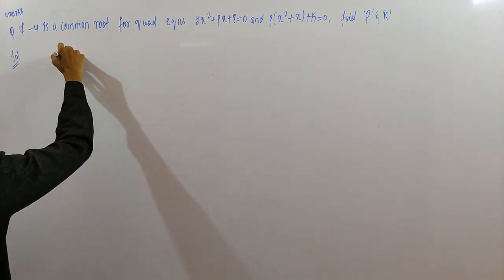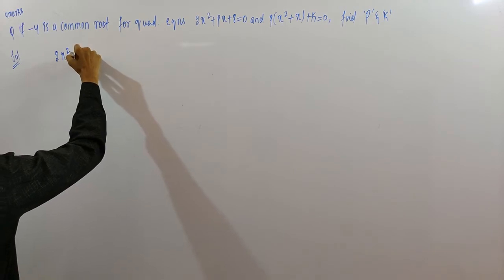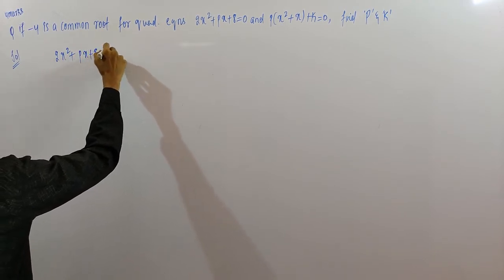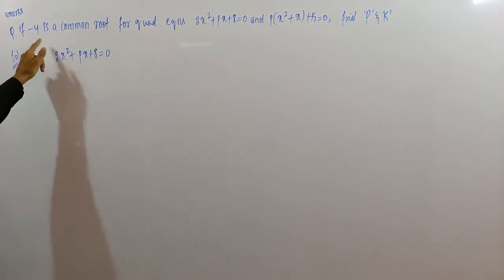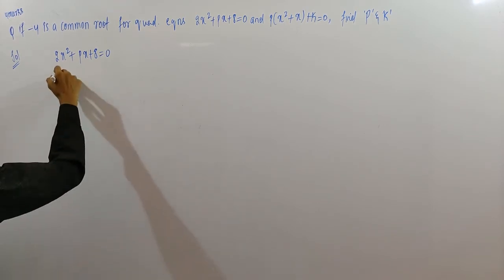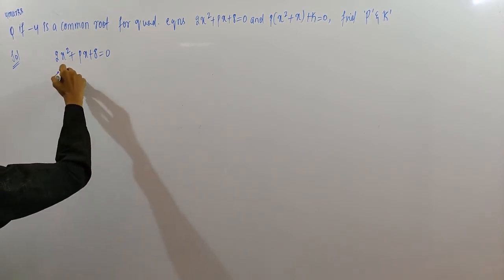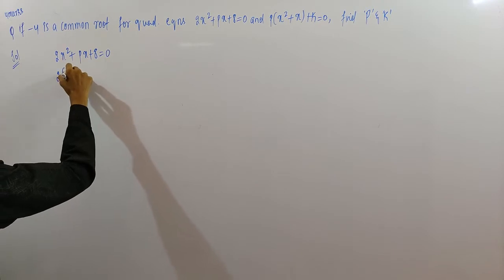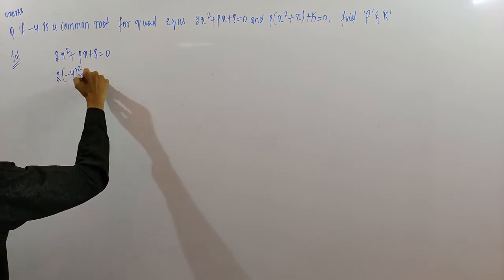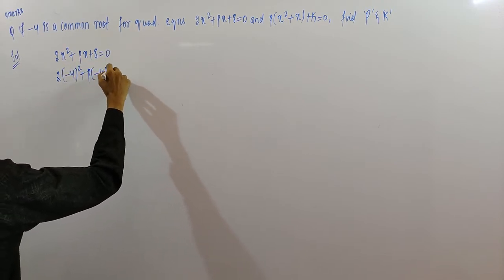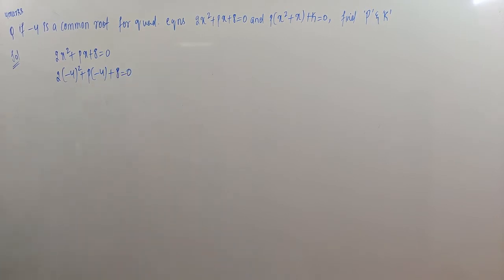We have 2x² + px + 8 = 0. Minus 4 is a root, so it will satisfy here. Put x value as minus 4. So it becomes 2(−4)² + p(−4) + 8 = 0.